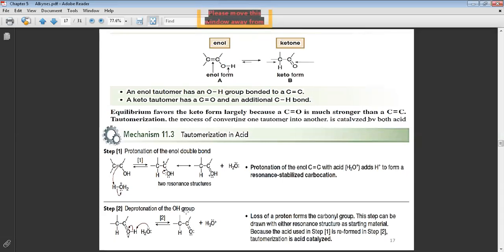That means if you look here, it is a protonation of the enol carbon double bond with the acid. Okay, with the acid, and this will form a resonance-stabilized carbocation. This is the carbocation, and with the resonance, this is the resonance here. Okay.